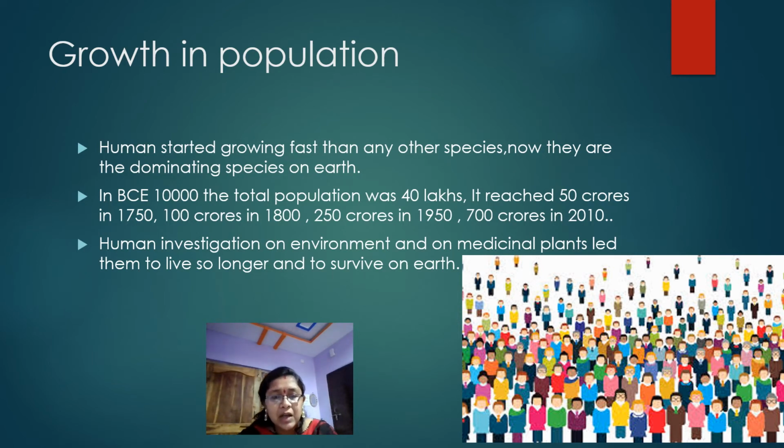In BCE 10,000 the total population was 40 lakhs. In the initial stages it was 40 lakhs. It reached 50 crores in 1750. This is the status I am giving you all: in 1750 it was 50 crores, later in 1800 it reached 100 crores, and again in 1950 it was 250 crores, and in 2010 it was 700 crores.